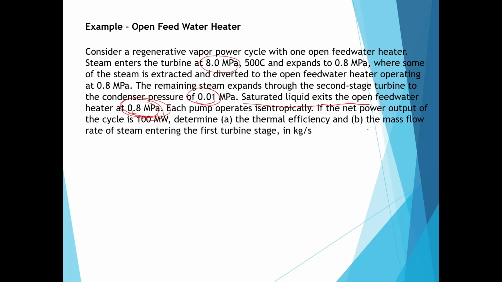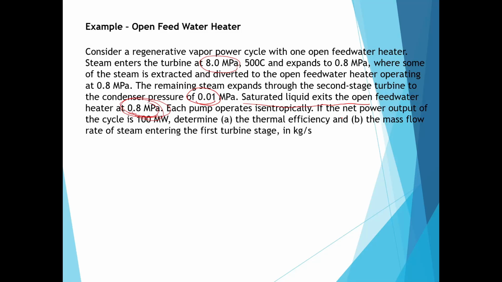If the net power output of the cycle is 100 megawatt, determine A, the thermal efficiency, and B, the mass flow rate of the steam entering the first turbine stage in kilograms per second, right? I want you to try this one on your own first.